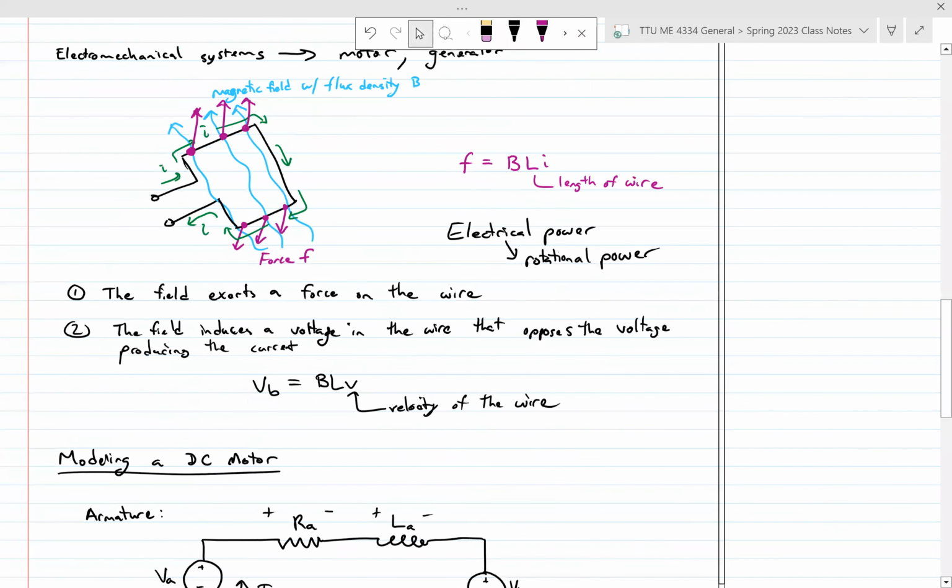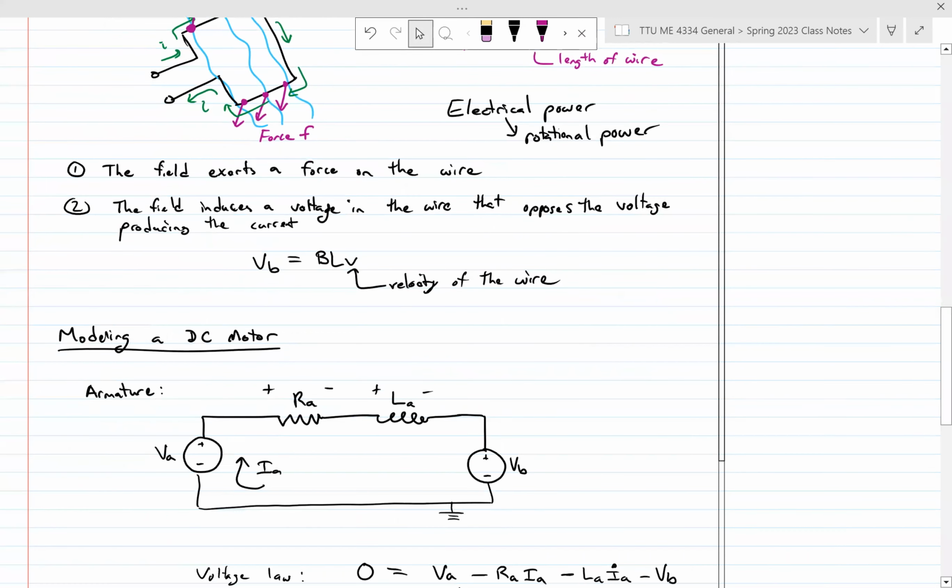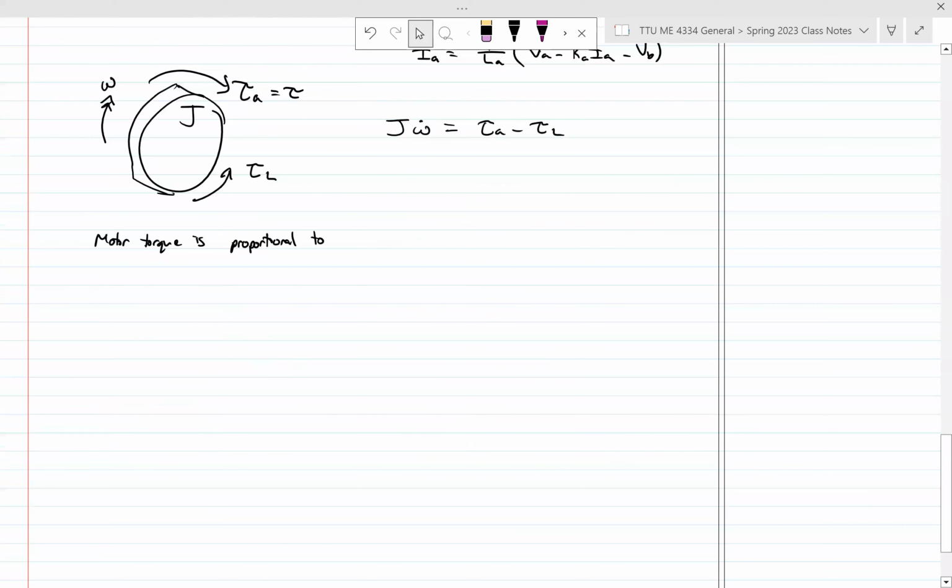What was it proportional to? Based off all our discussions before. I wouldn't say current input in here, but the current going through the armature circuit, right? So motor torque is proportional to armature, or the electrical half's, current, right?